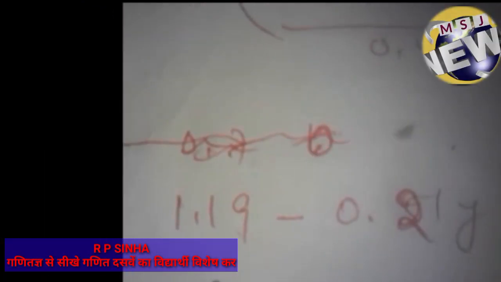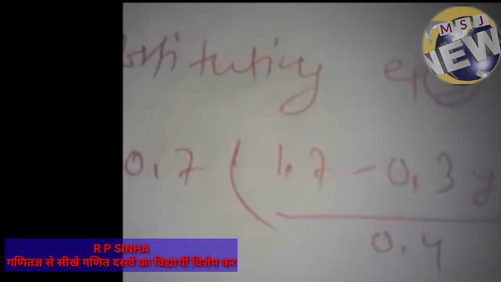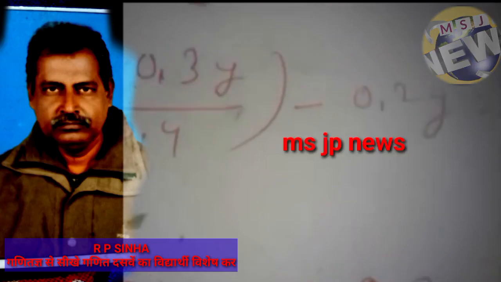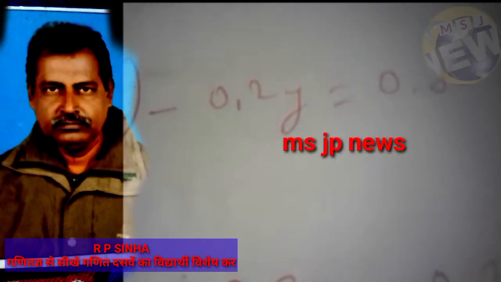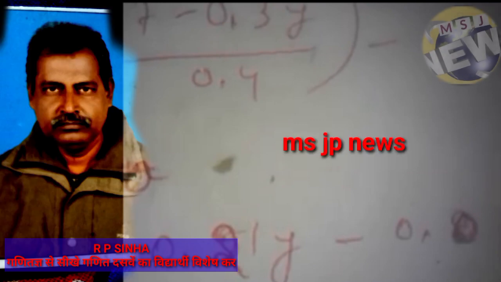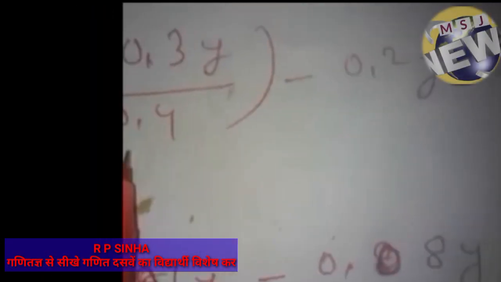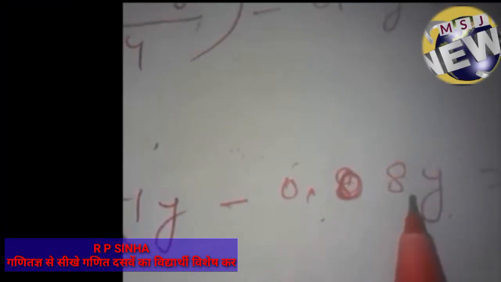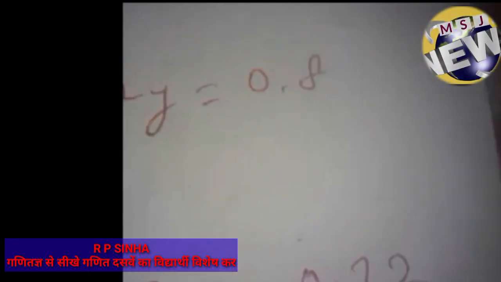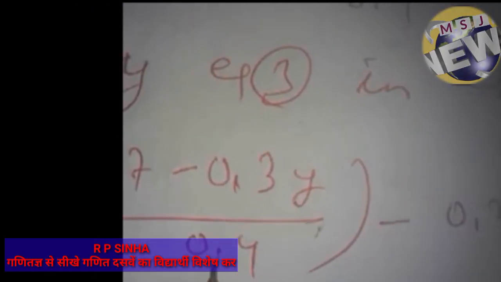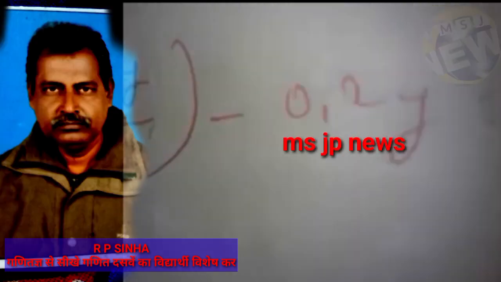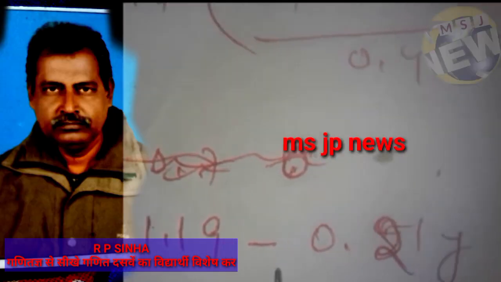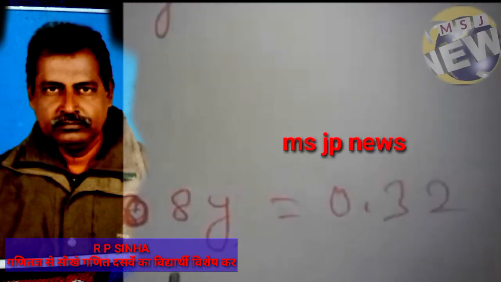Now we multiply 0.7 by 1.7, we get 1.19, and 0.7 by 0.3 gives 0.21y. Then minus 0.2y multiplied by 0.4 gives 0.08y. We take the 0.4 to the RHS to multiply with 0.8, and we get 1.19 minus 0.21y minus 0.08y is equal to 0.32.